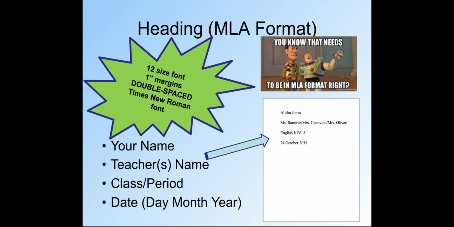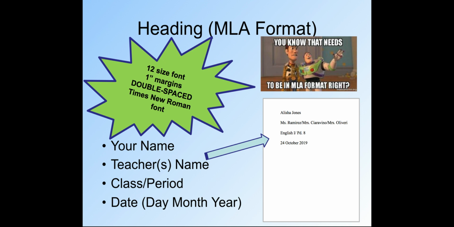You need to have 1-inch margins around the entire paper. You usually don't have to worry about this because it already makes it for you. Double spaced, I will show you how to do that when I am back in class, and it is just one simple key on Google Docs. Those of you who already know which key I'm talking about, awesome. It does need to be in Times New Roman.